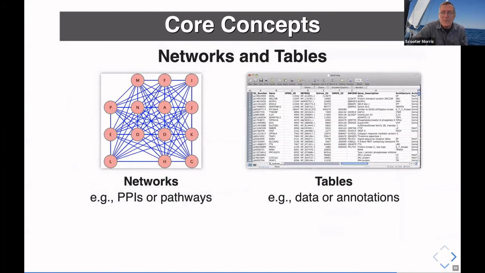Cytoscape has two critical concepts, and it's very important to keep these separate in your mind. Networks, which are nothing more than nodes and edges. If you think of the node-link diagram, that's all it is. So strip away any biology, strip away any additional information you have, transcriptomic data or anything else, even node names, strip away all of that.